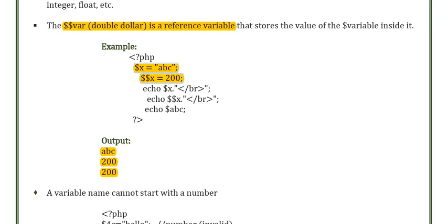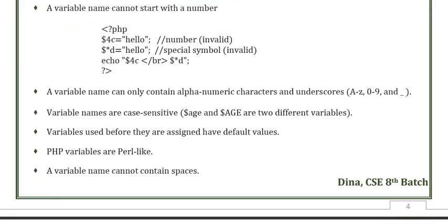So in this section instead of $x we use the ABC section. That's why the last echo prints 200. Here are some points and rules on how to declare variables in PHP.